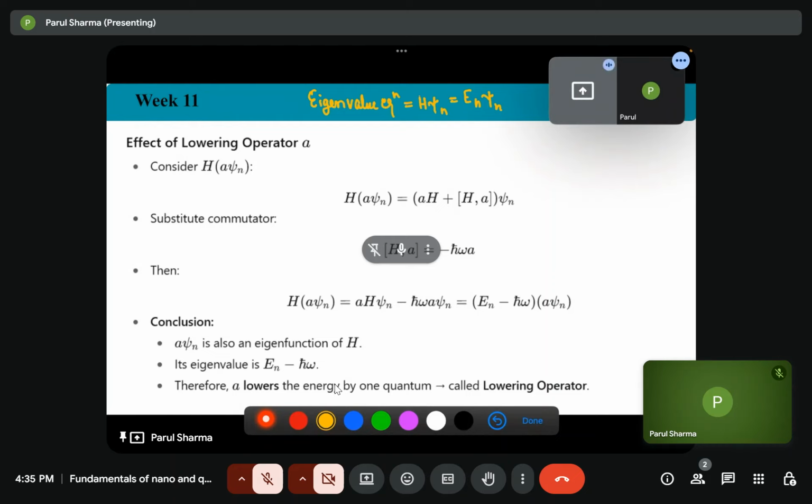Okay. So now what is H A psi n? Okay. So now H A psi n, we can write it as we can add and subtract.